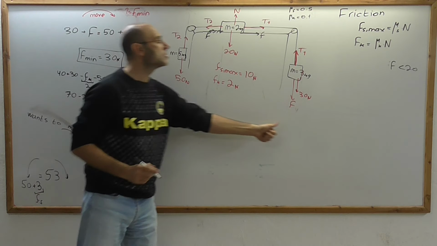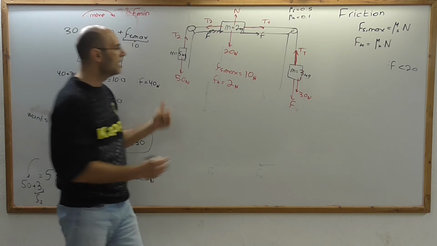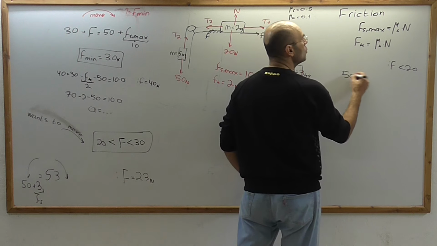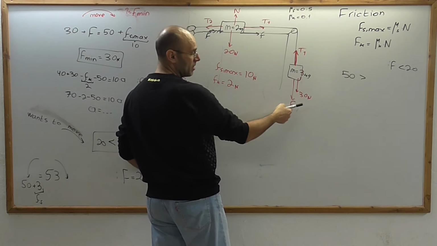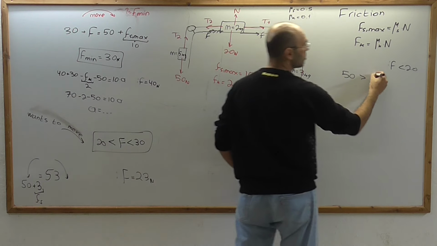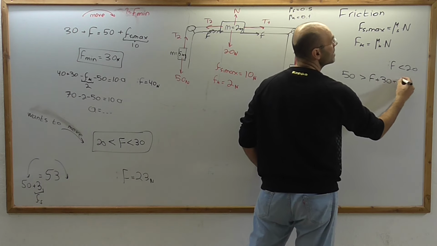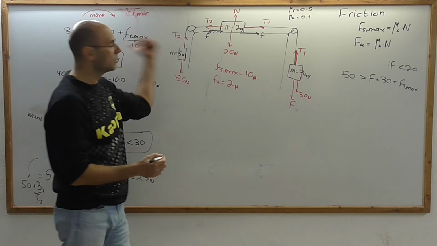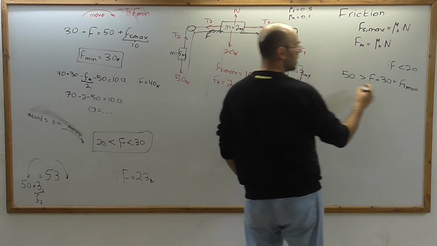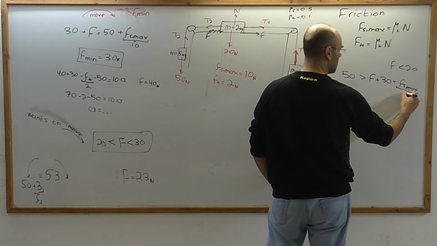In order for this system to move that way, I need the 50 to overcome both F, the 30, and the maximum friction that can be. So this is 10.